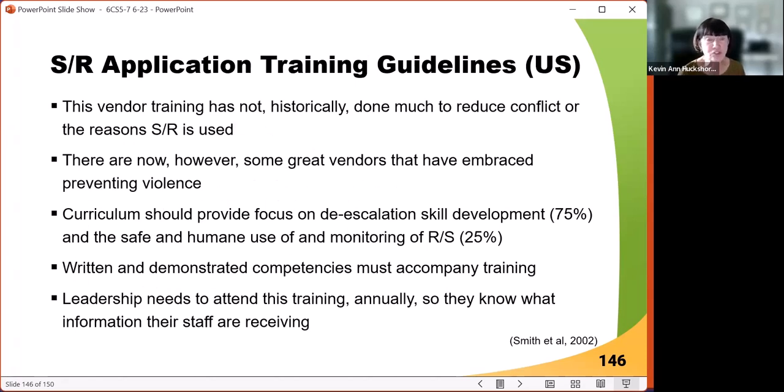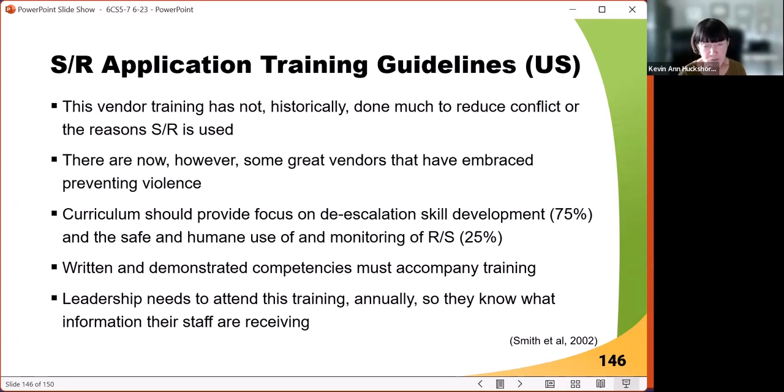Seclusion and restraint application training guidelines. So this is pretty interesting. There are literally about 40 vendors. Most of them are either university managed or private for-profit vendors that have developed aggression control training techniques.